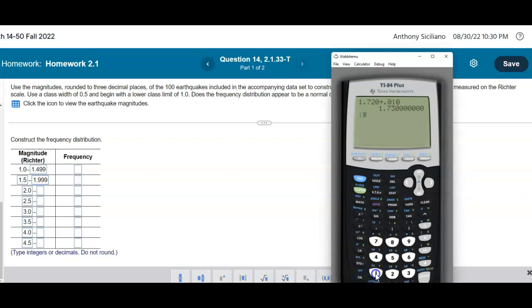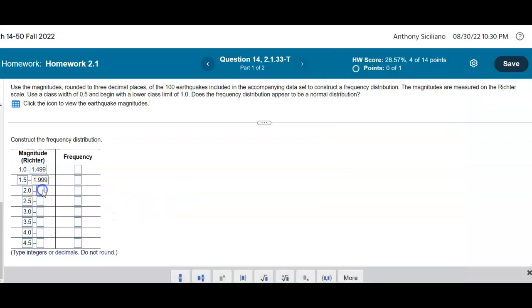So if you take 1.999 and add 0.5, that's going to give you 2.499. And then this one's going to be 2.999, and the next one's going to be 3.499.